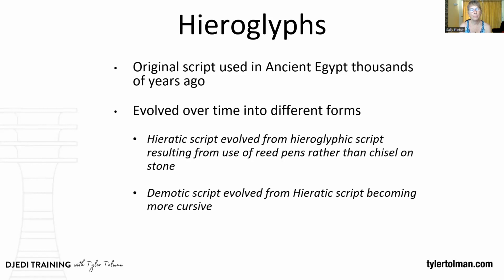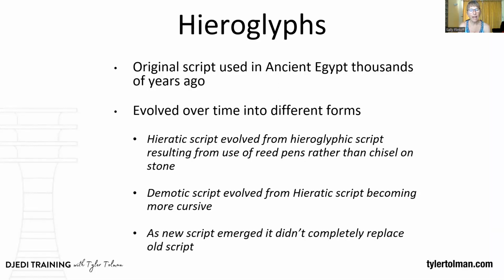And so once the hieroglyphs moved from being chiseled into stone and a reed pen was used, it was easier to shortcut, if you like. And I guess the ancient Egyptians were no different to us in that respect. However, as each new script emerged, it didn't completely replace the old script.